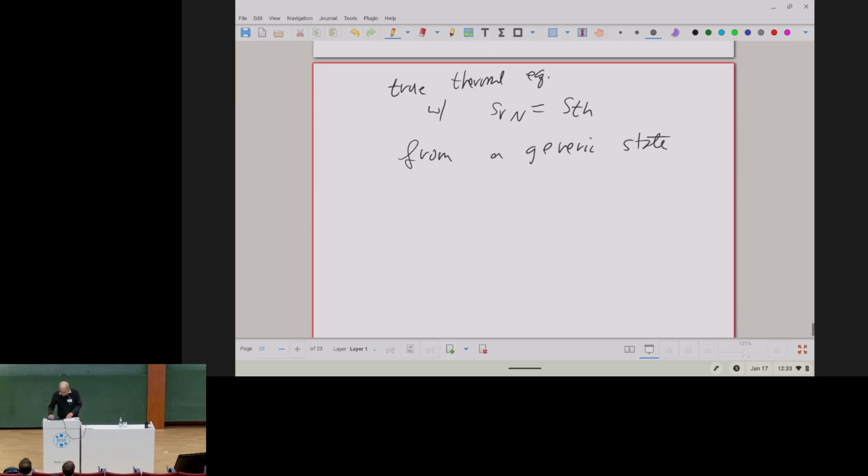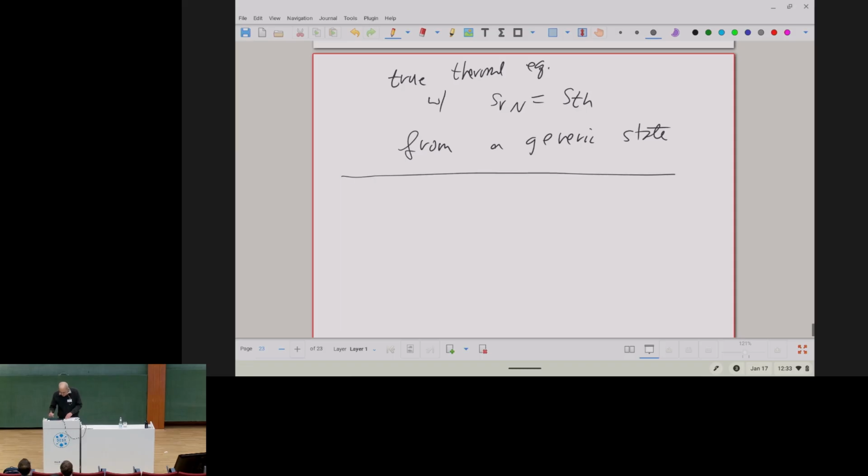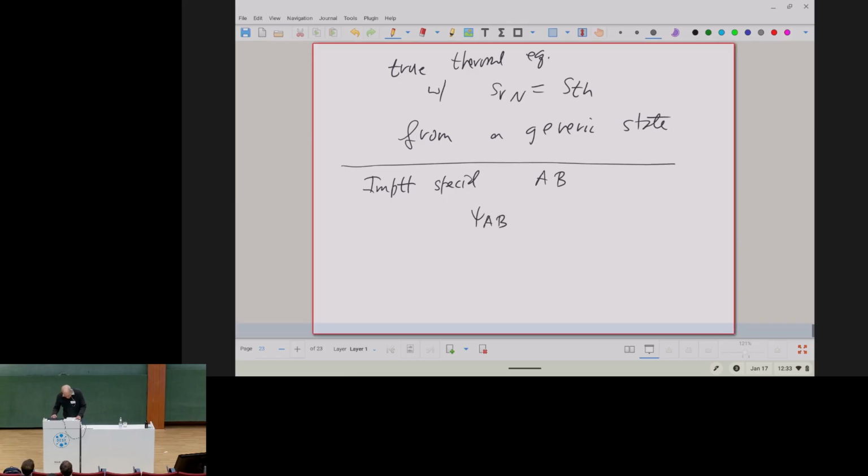Now, there's also the important special case that we ran into in the thermofield doubles case. That's the bipartite system with the pure state of the combined system, as I explained in the first lecture.